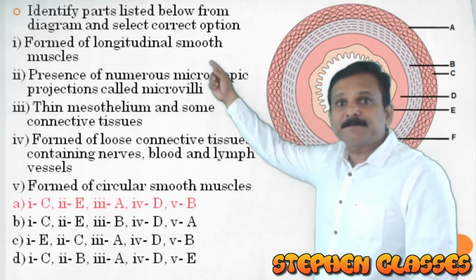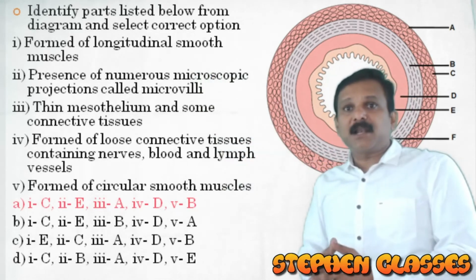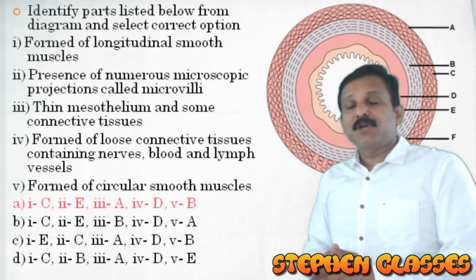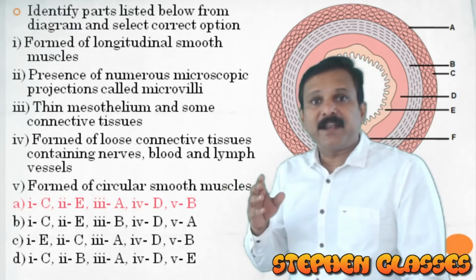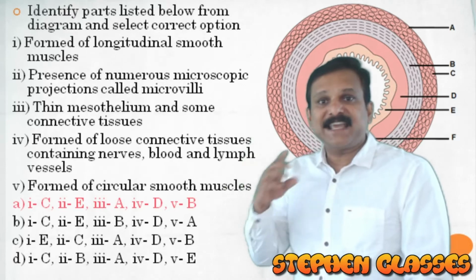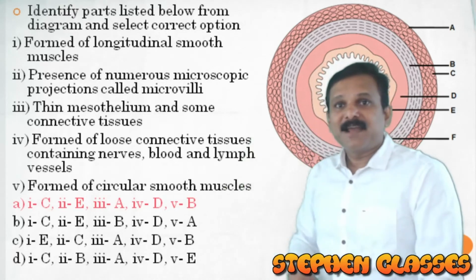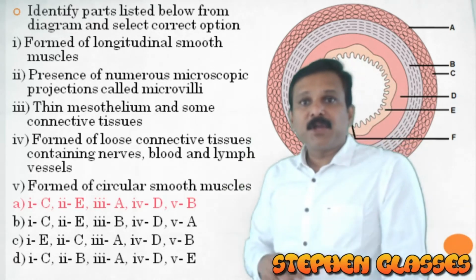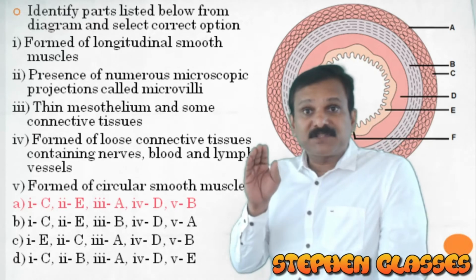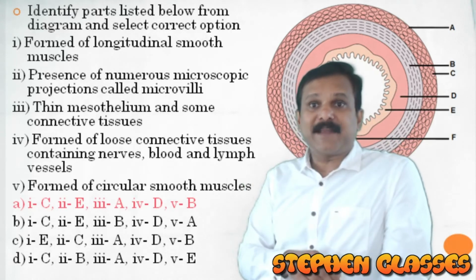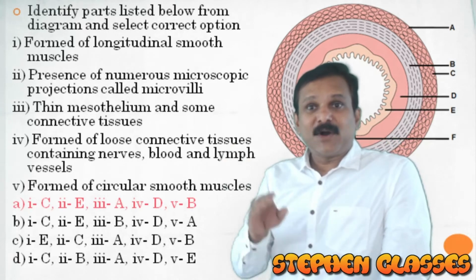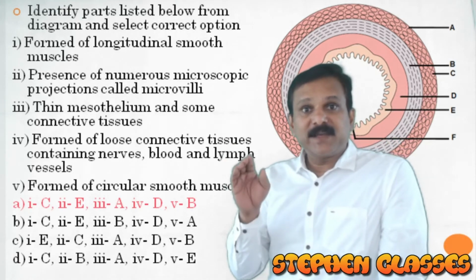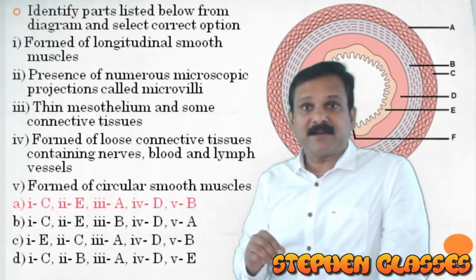The first one is formed of longitudinal smooth muscles. Longitudinal smooth muscles are found in the layer called C. You're right. Now, presence of numerous microscopic projections called microvilli. Microvilli will be in the innermost layer, the mucosa layer, so it is labeled as E here.